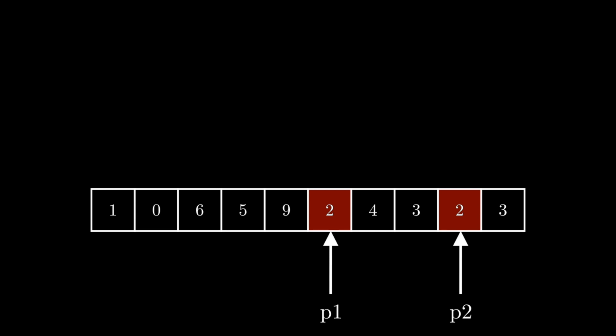So here's the code. It's in Python, but I'll leave a link below for a C++ implementation. However, take this time to pick up some Python and see how easy it is. Here's our function called hasDuplicates, which takes in an array called nums.